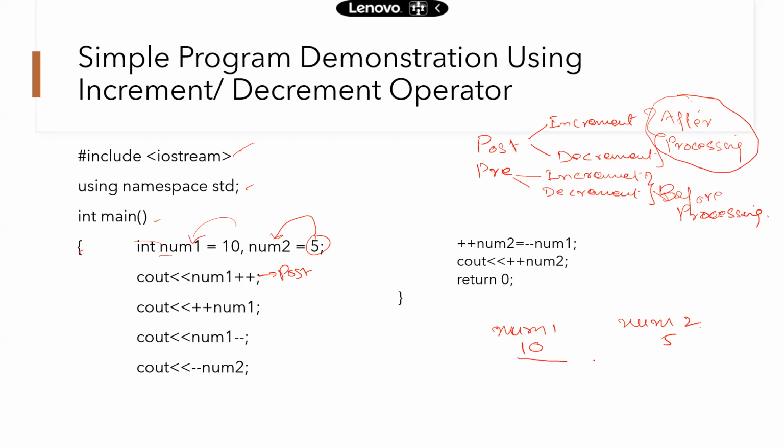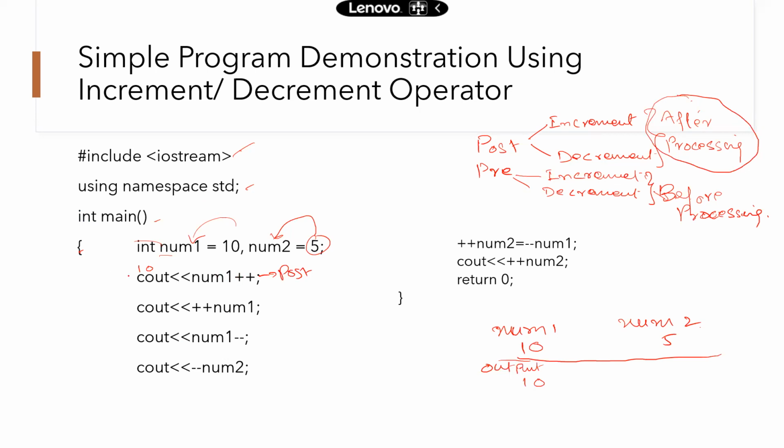So let me draw the line over here, and the output actually starts from here. It is going to give you an output of num1 of 10. Once it has printed the value of 10 on your console, having processed the statement, this variable is going to increment. So initially it is going to print 10. After that, num1 is going to increment.